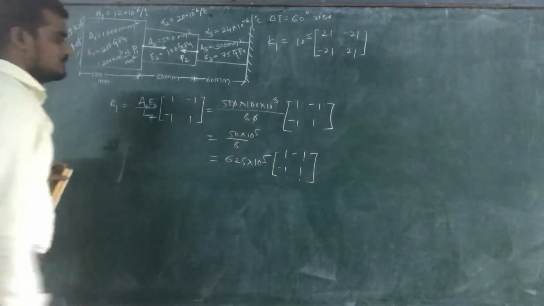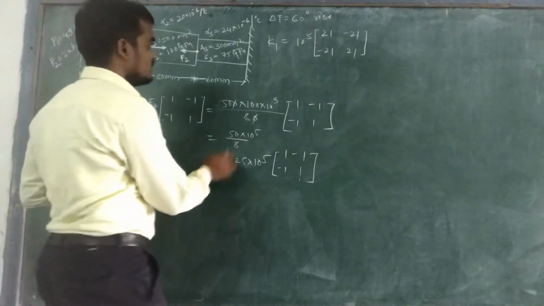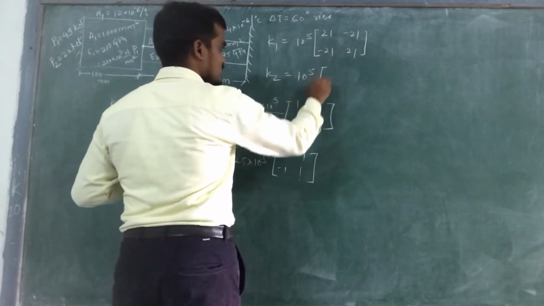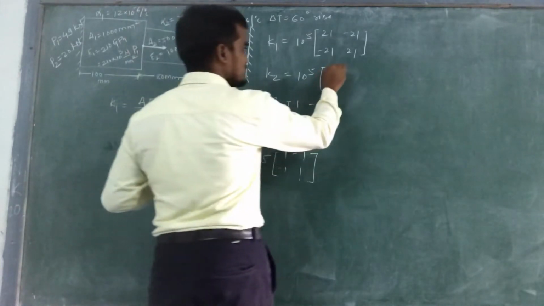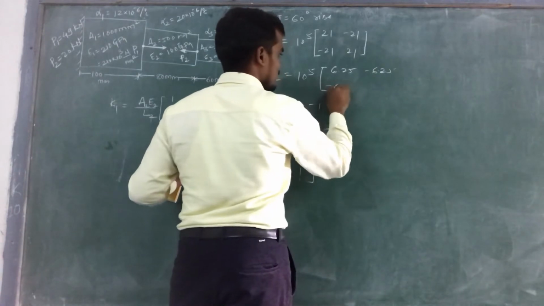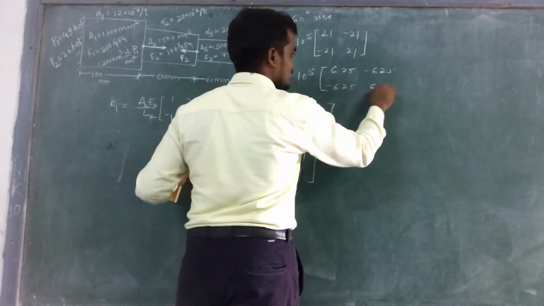Okay. So finally you will get K2 as 10 raised to power 5 into 6.25 minus 6.25 minus 6.25 and 6.25.